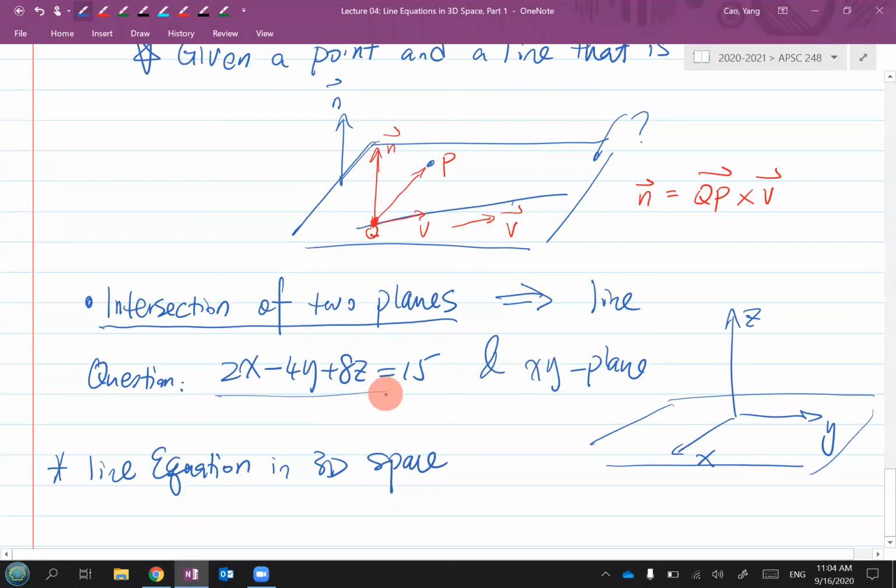And this other plane, I don't know how it's going to look, but it's basically a plane in a 3D space. So the question here is this: can you find the result of the intersection of the 2 planes?